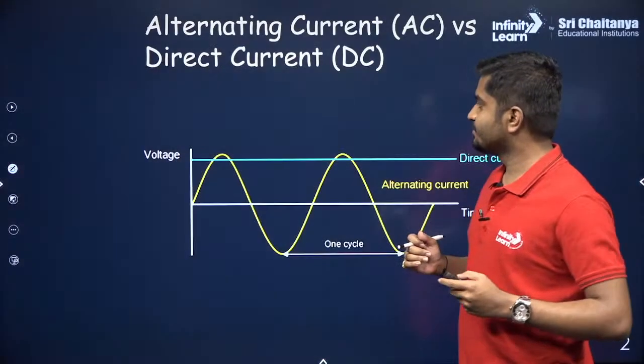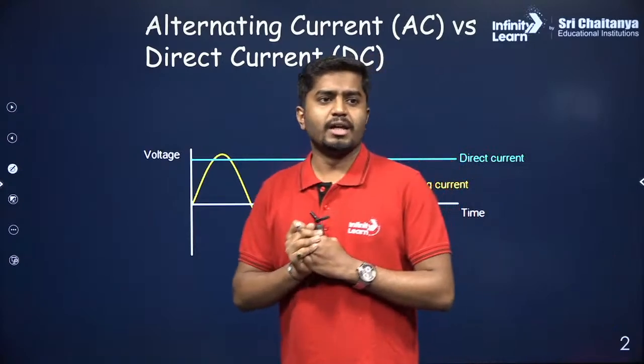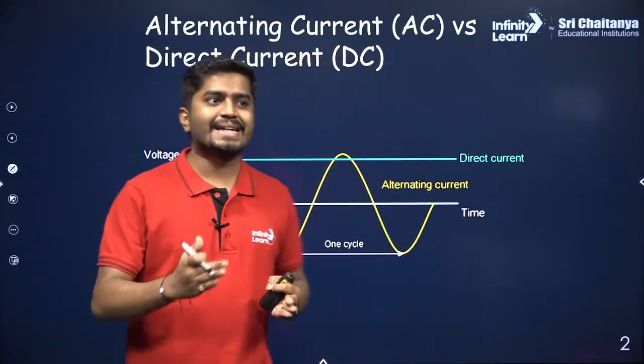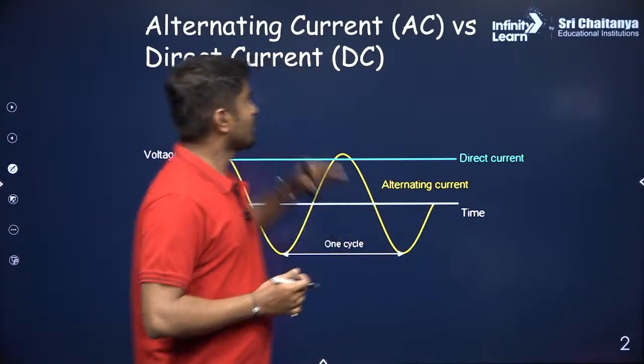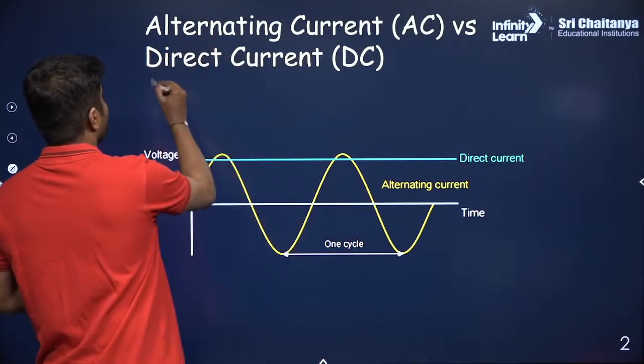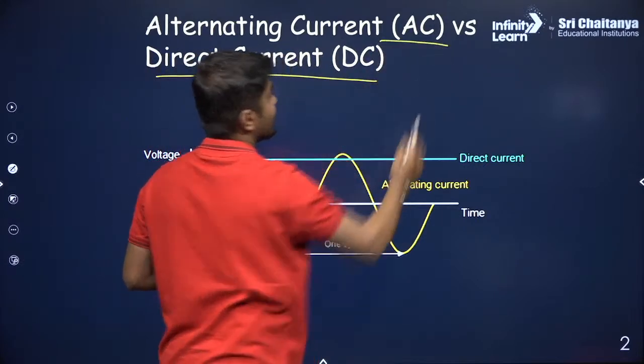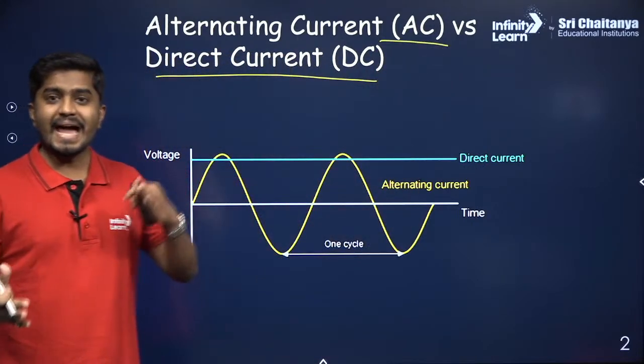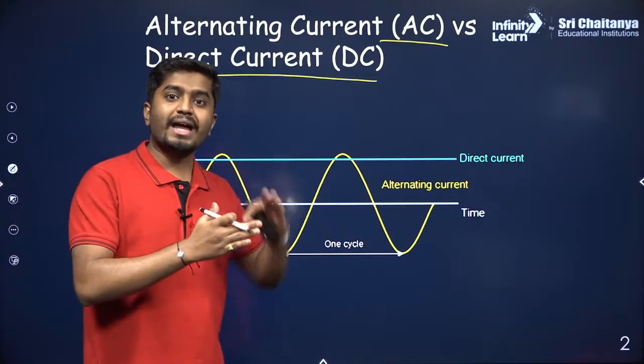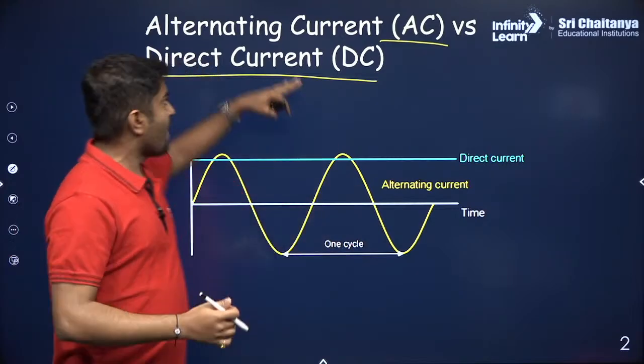So let's begin. First of all, do you know the difference between direct current and alternating current? Direct current can be written in short as DC, and alternating current as AC. Till now in the electricity chapter we have used a battery.